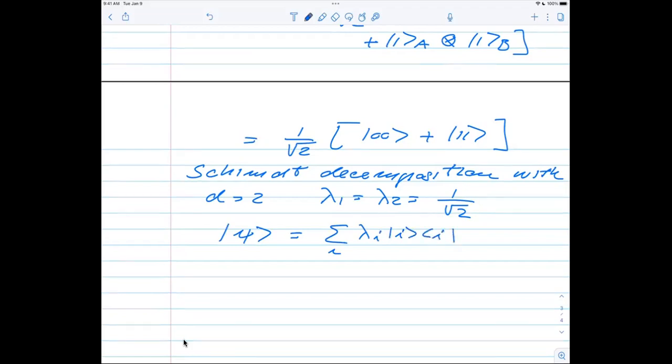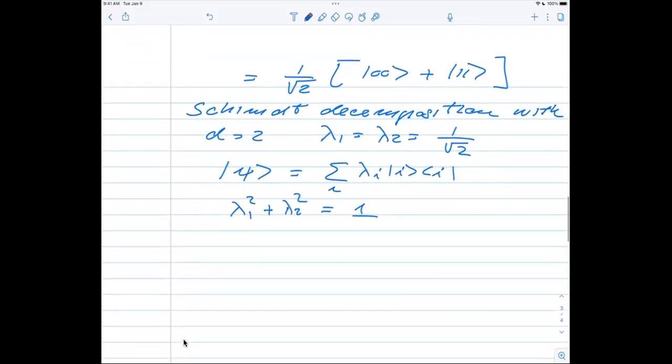In our case, i, i is 0, 0 and 1, 1. So the Bell state is a Schmidt decomposition. We say it's entangled because the Schmidt number D is larger than 1. And you also see that lambda 1 squared plus lambda 2 squared is equal to 1, which is an important requirement here.